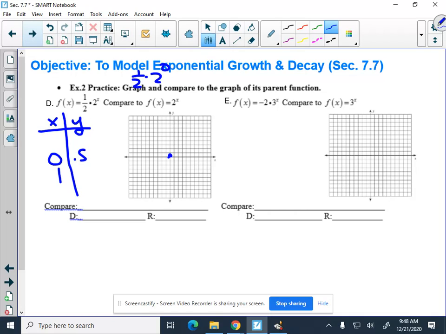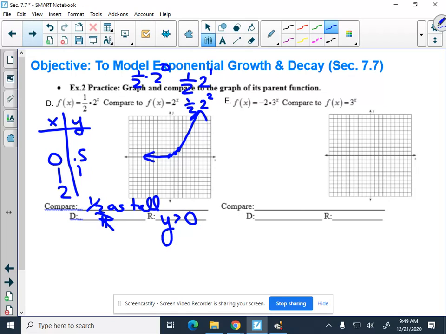Then when we put in the 1, 1/2 times 2 to the 1, we get 1. 1/2 times 2 to the 2, we get 2. Still growing, but comparing it, it's half as tall because we started with only 1/2 rather than starting with 1. Our domain is still all reals. Our range is still y is greater than 0.